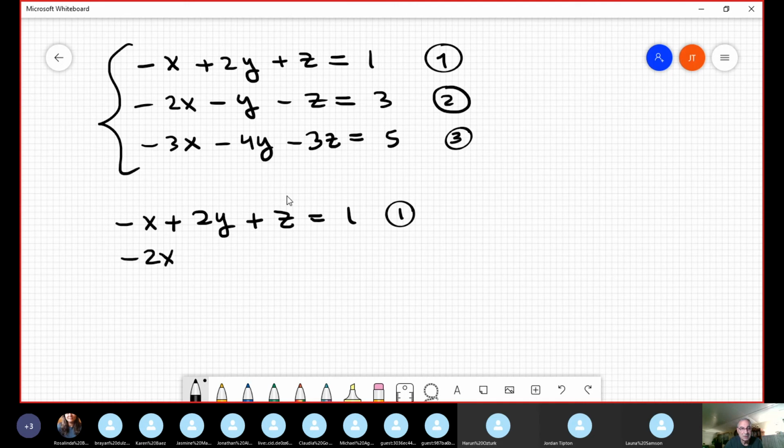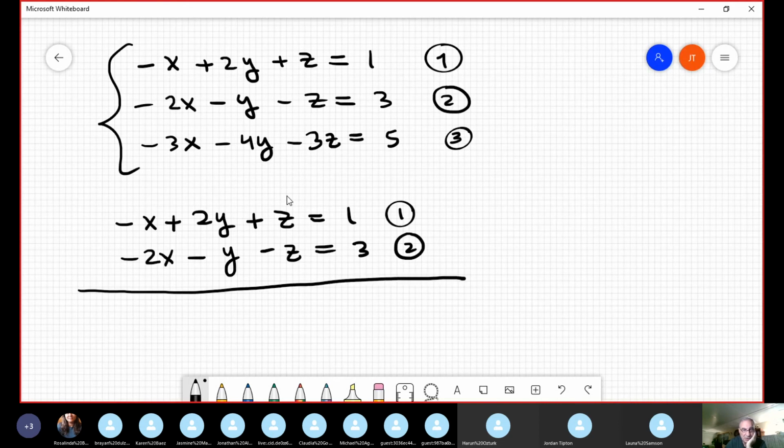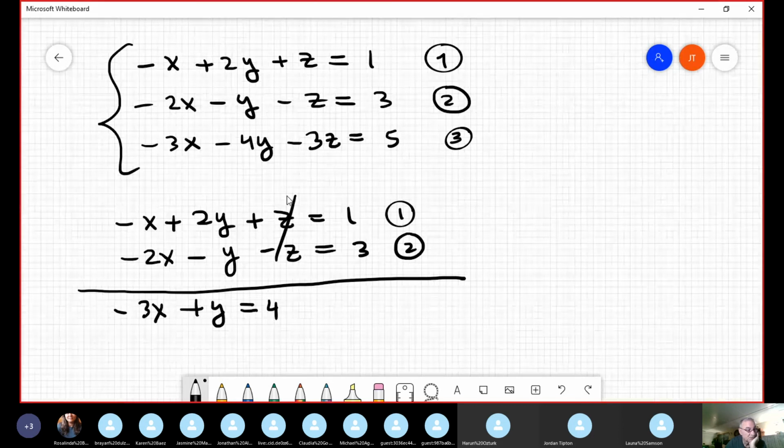I can see in equation 1 and equation 2 that positive z and negative z are ready for elimination. When you add by column x, y, z, equation 1 plus equation 2, you have minus 3x plus 1y, because 2 minus 1 is 1, and z is gone, equal 4. And this is my new equation.